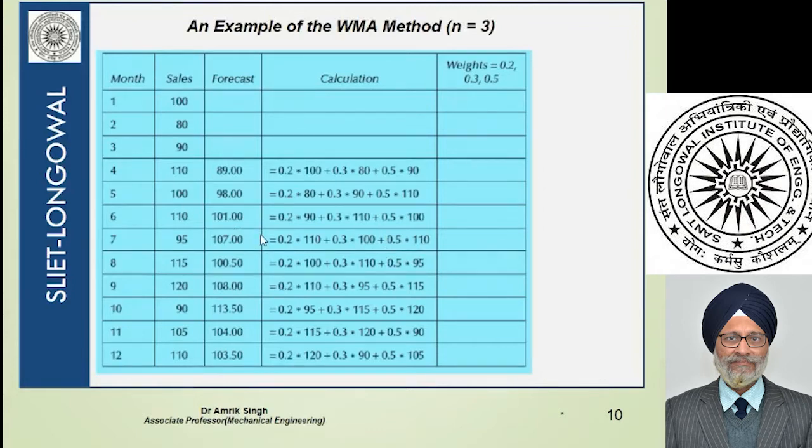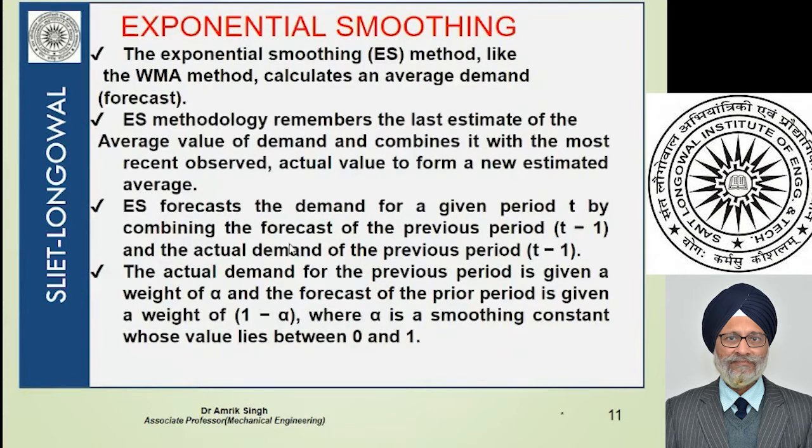This way we will see. If you see the last one, it is 105. Then 90, then this, then 120. This way we calculate for all the months, and we calculate the demand and apply the formula.